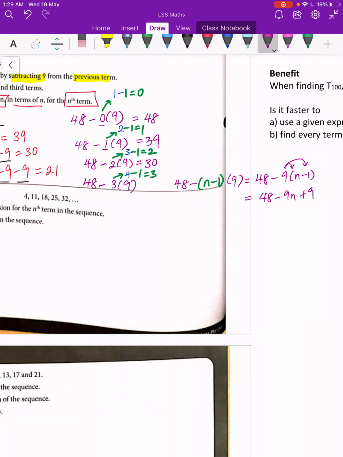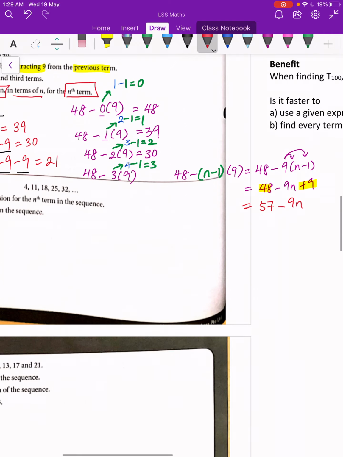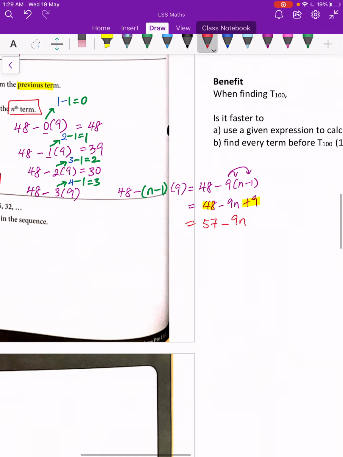This is not the final answer yet. Why? If you notice, there are like terms that we can simplify further. So our final answer will be 57 minus 9n. So this will be my expression for the n term.